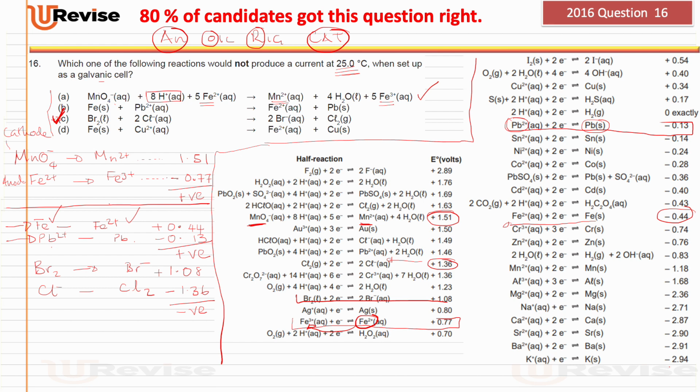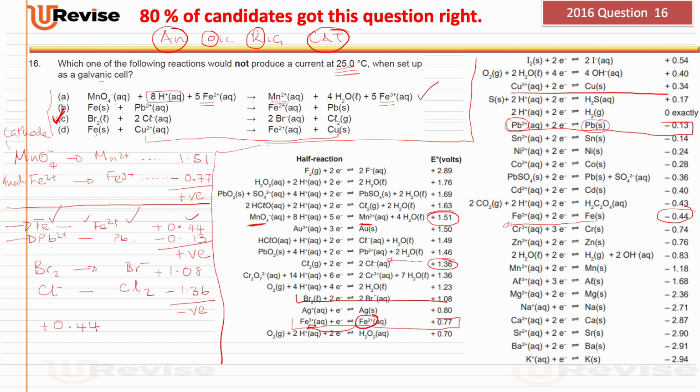Now, iron going to iron 2. We've got that here. The first one, iron to iron 2, is plus 0.44. I'm analyzing the last one. There is no need for me to write this one because I've already figured that out earlier. And copper 2 plus going to copper, where is that half equation?